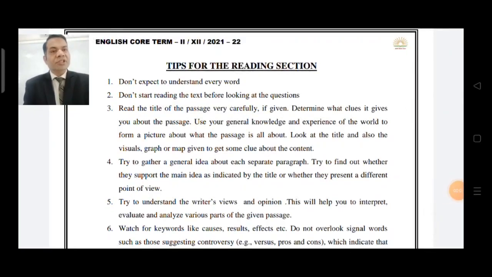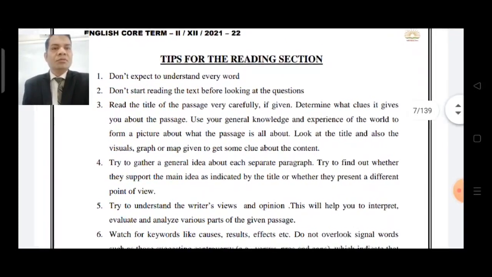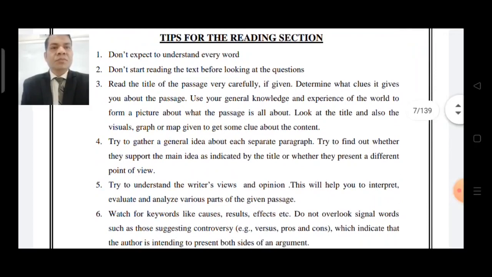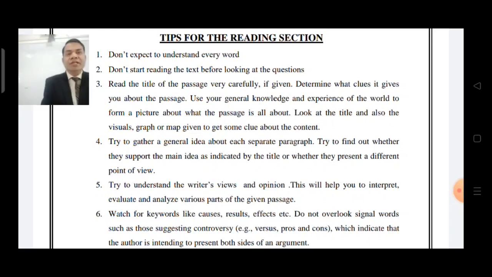Tips for the reading section. Number 1, don't expect to understand every word. So you need not know the meaning of each word in a passage.